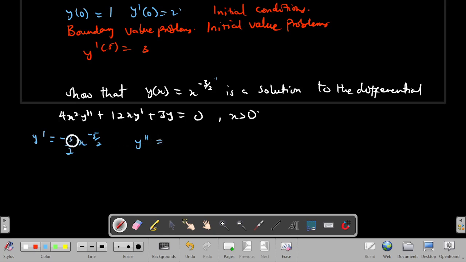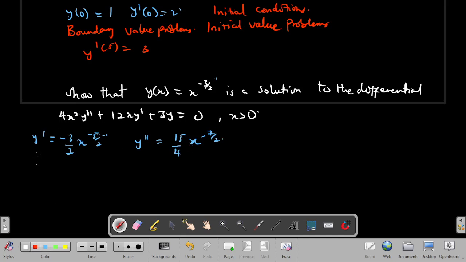We multiply this by this, and we are going to get 15 over 4 x to the power, when I subtract 1, negative 7 over 2. Having got this, I'll make my necessary substitution.